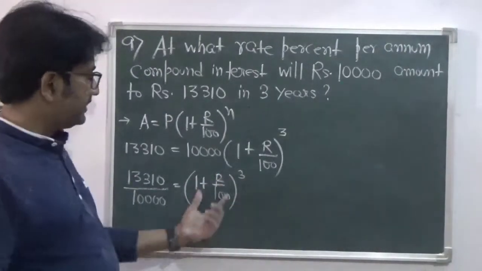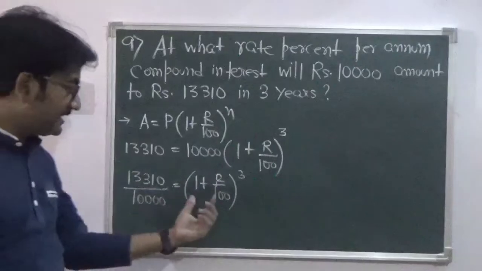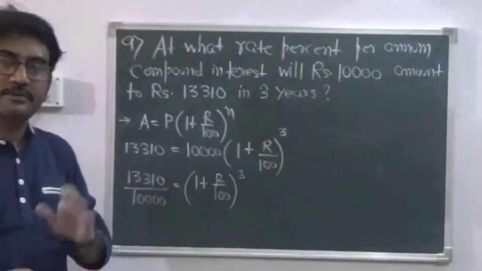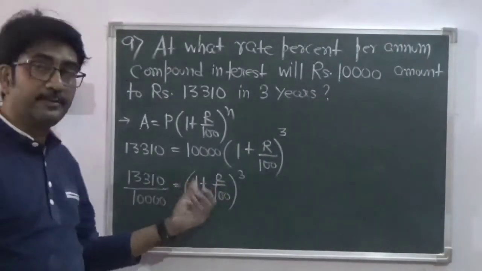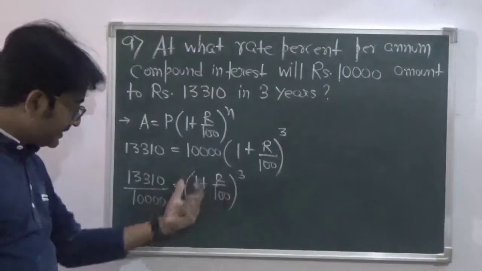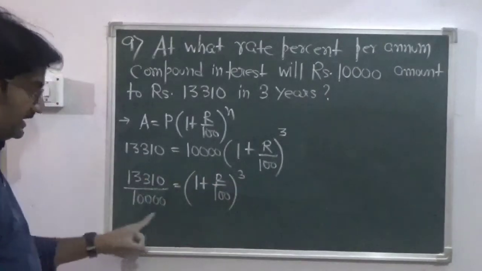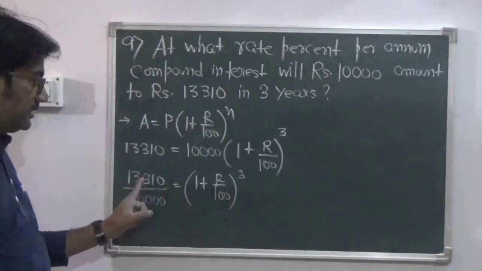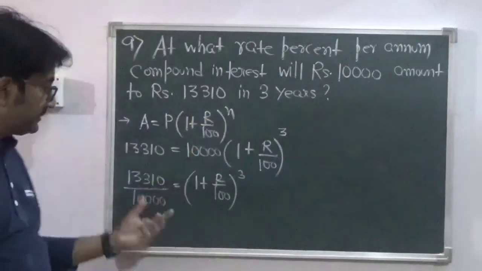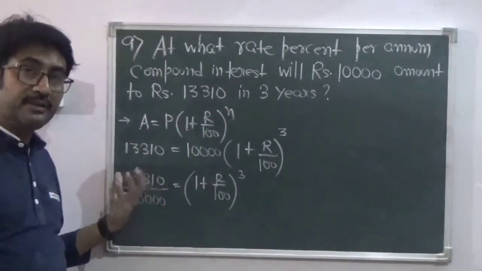Whatever the factor inside the bracket, you cannot solve or get a value because R is involved. So to this entire thing, the power is 3. So you have to make the left hand side any number raised to the power 3.